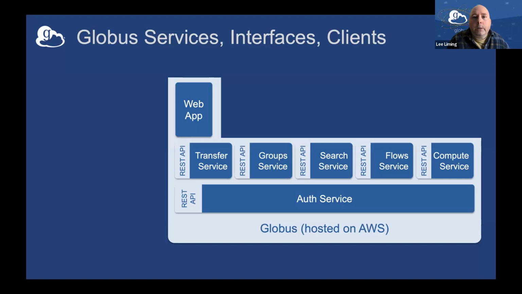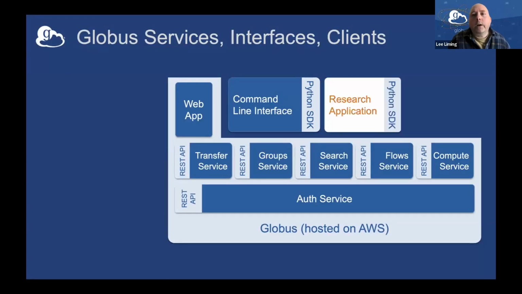But that's not what we're going to be doing as software engineers. We have a command line interface that uses our Python SDK. So we have the Globus Python SDK, and on top of it, there's a command line interface. This is all installable via PyPI. So you can use the command line interface in shell scripts or whatever scripting system you want to use.